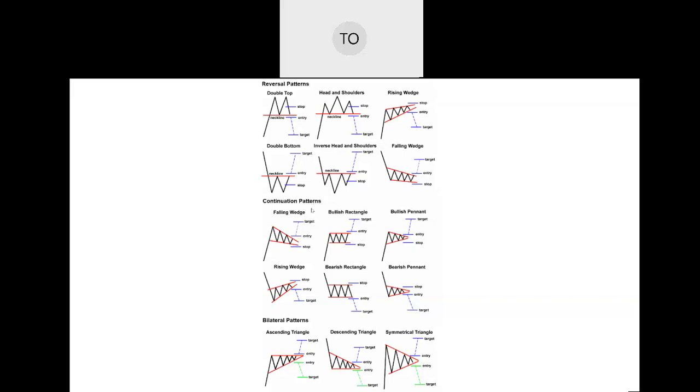If you look at the first two, the reversal patterns, there are two kinds of reversal patterns. There are the ones at the top, which means if we are at a resistance zone and the market is turning backwards, you will see something like this double top.